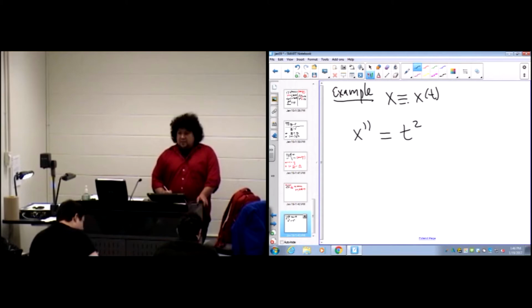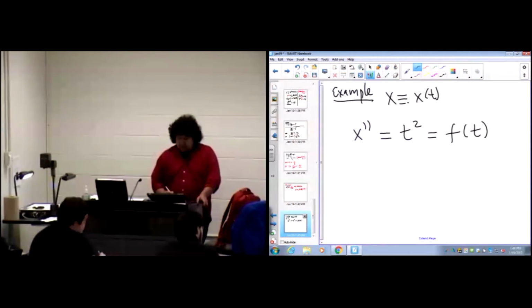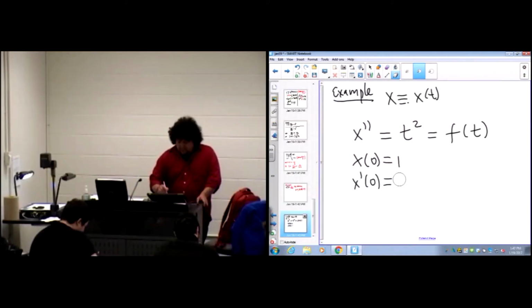This is what you would think of as f of t. And there is information about the value of x at 0, and then the value of the first derivative of x also at 0.